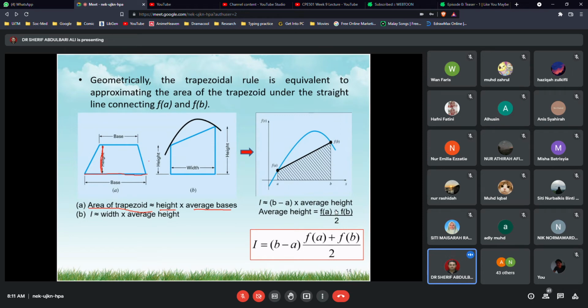Now, in our case, if you take this trapezoid and rotate it about 90 degrees, this is going to be your width, which is considered your base, and this is going to be your height.